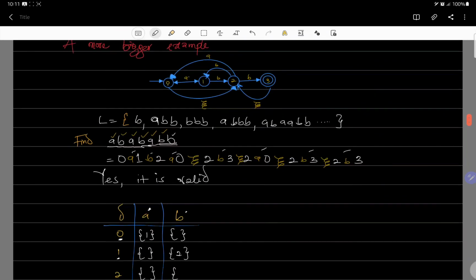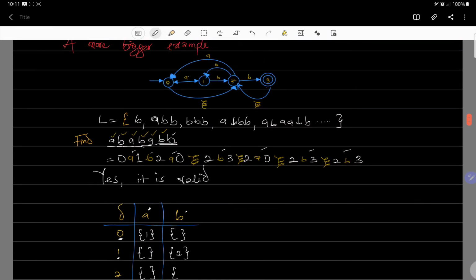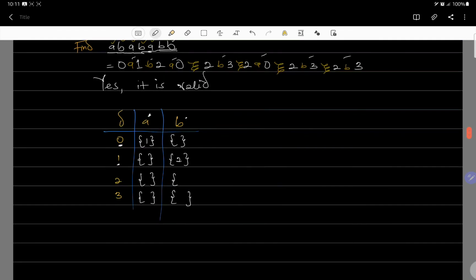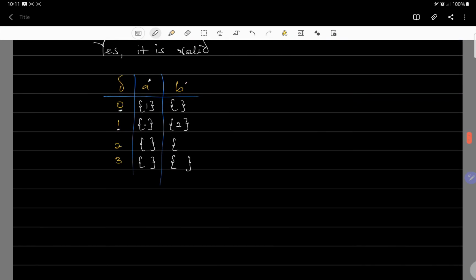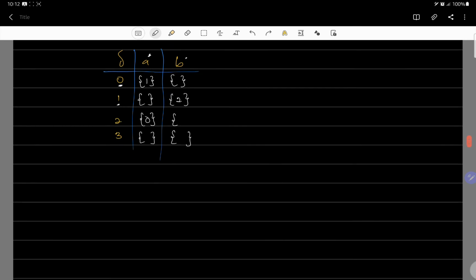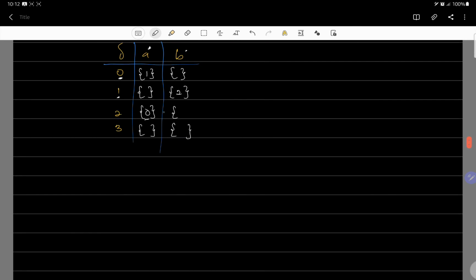So from 2 you want to go through a, and that leads us to 0. You can write 0 or just leave it empty, because 0 is our starting point. You can leave it blank, either 1 or 0.